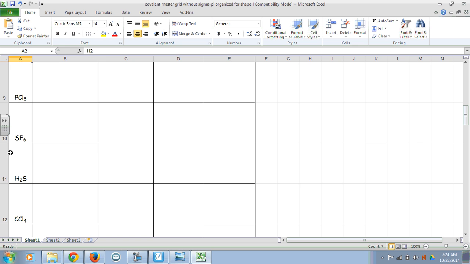Then I want you to do H2S, CCl4, SO2, and HCN. Now, HCN, one comment, make carbon the central atom and then the hydrogen and the nitrogen around it.